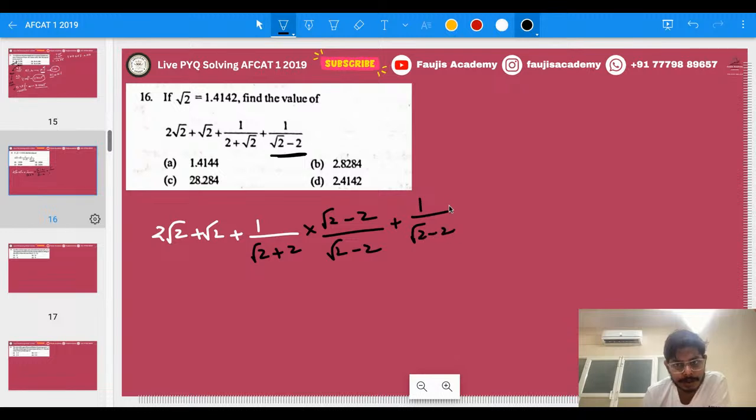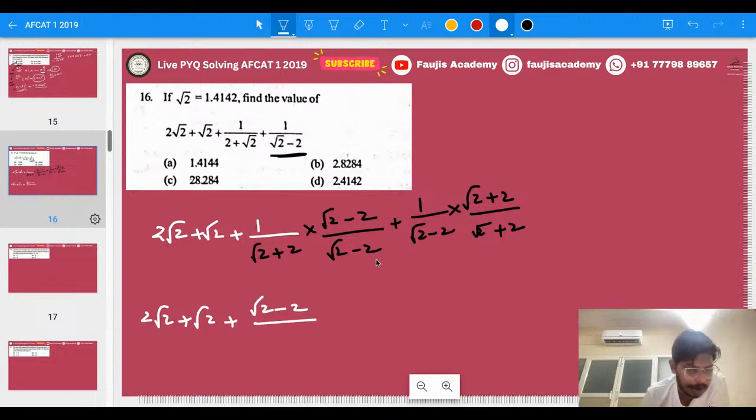Root 2 minus 2, and then we are factorizing it, root 2 plus 2 divided by root 2 plus 2, right? That means 2 root 2 plus root 2 plus root 2 minus 2 divided by a plus b into a minus b.